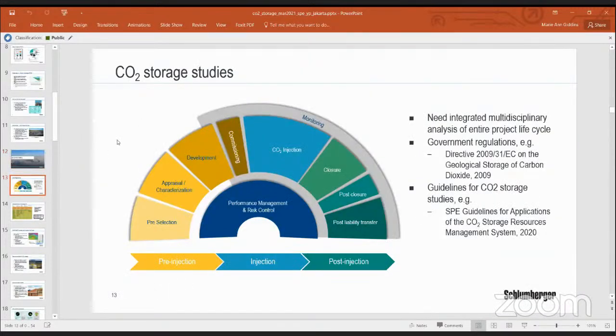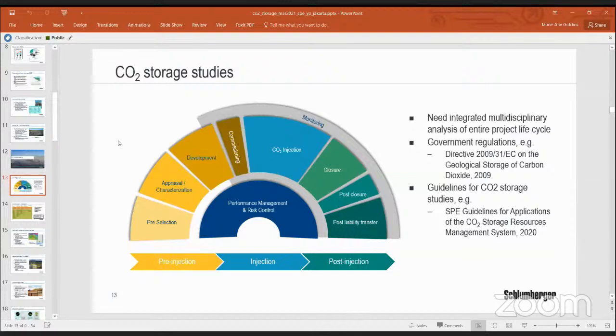CO2 storage studies cover a whole project life cycle, which includes selection of the site, appraisal and characterisation of the subsurface, developing the plans to operate the storage, commissioning the storage, performing the CO2 injection over a period of time, then at the end of the injection to close, to check the status of the storage after closure of the injection wells, and then to be able to transfer to some authority or long-term custodian, because CO2 storage is not just limited in time to the time when you're performing the injection.